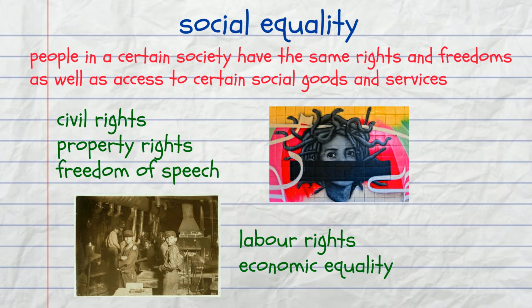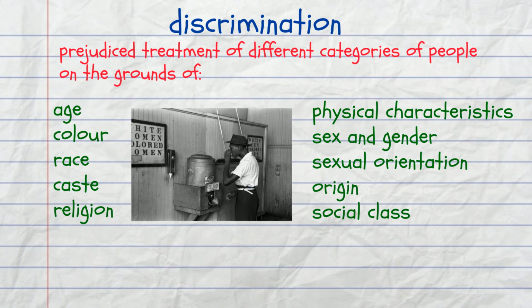When we talk about social equality, we mean people in a certain society have the same rights and freedoms, such as civil rights, property rights, freedom of speech, labor rights, economic equality, as well as access to certain social goods and services, but very often it's not the case, and inequality leads to discrimination, which is a prejudiced treatment of different categories of people on the grounds of their age, color, race, caste, religion, physical characteristics, sex and gender, sexual orientation, origin, or social class.